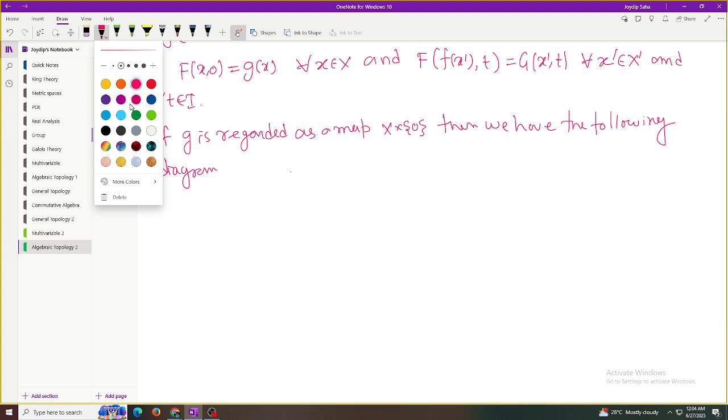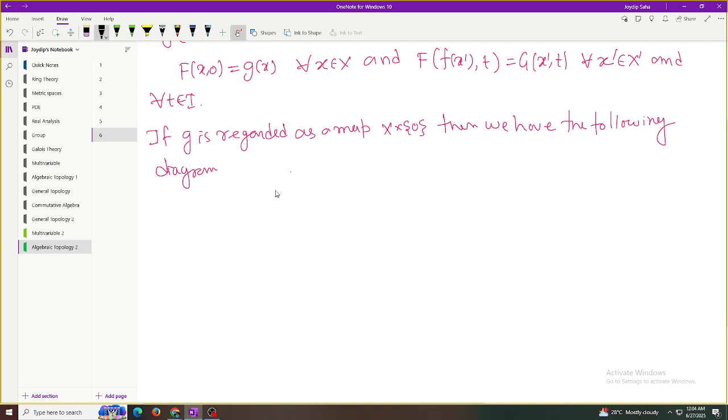I should write X cross 0 sitting inside X prime cross I. Now in the homotopy extension property there is an inclusion, but here there is a map via f. The rest of them are the same.